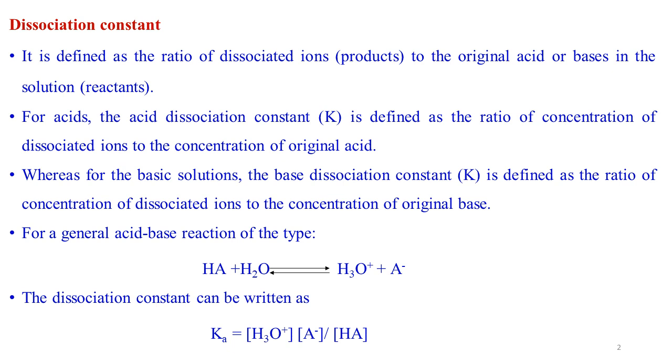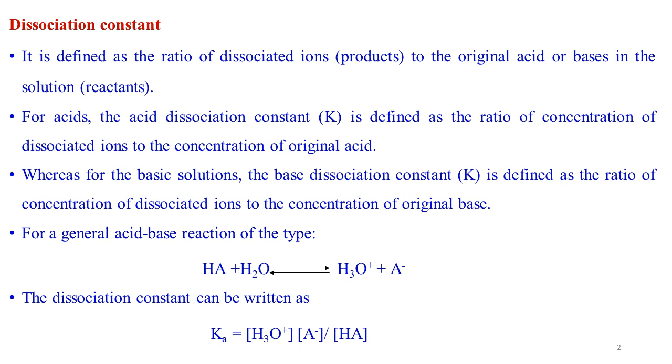For acids, the acid dissociation constant is defined as the ratio of the concentration of dissociated ions to the concentration of original acid. Whereas for basic solutions, the base dissociation constant is defined as the ratio of the concentration of dissociated ions to the concentration of original base.